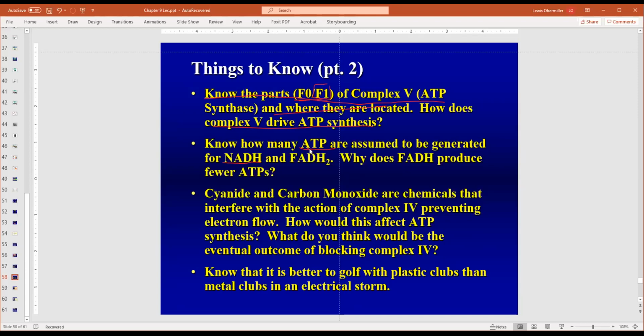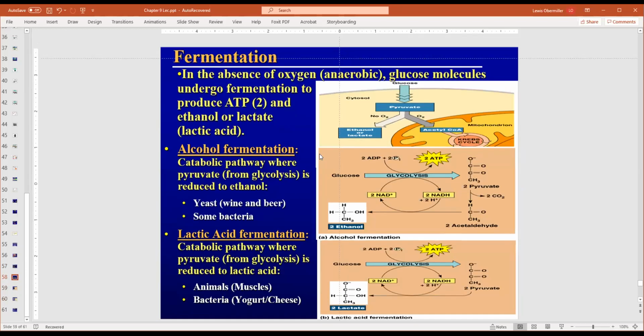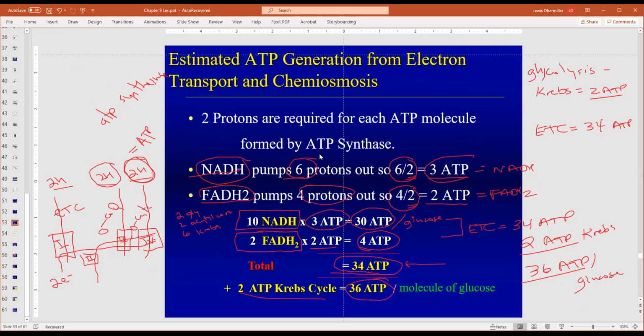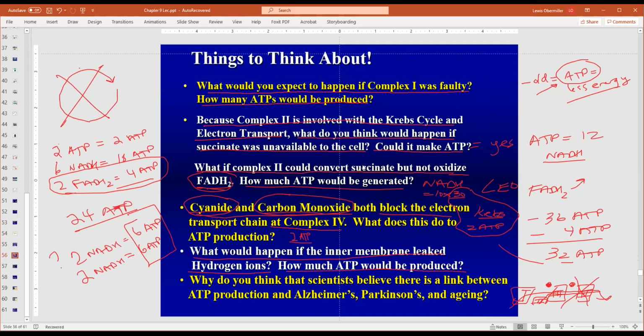So it's not 2, it's not 6, not 4, not 8, not 12. Is it 9? No. So here it is. Every NADH, we make how many? 3. Yes. Congratulations.